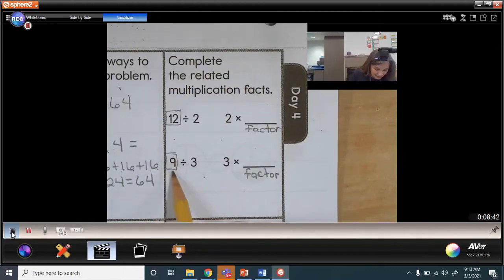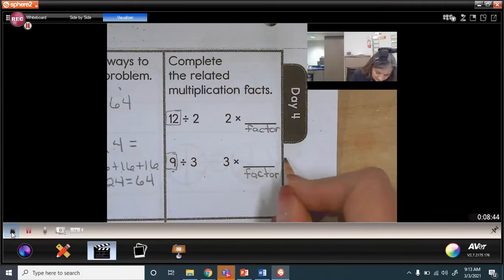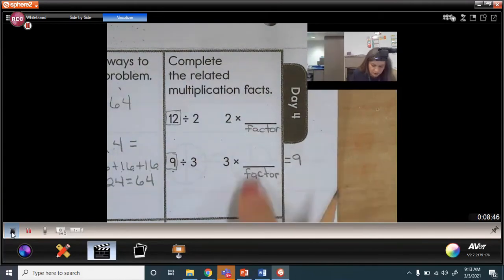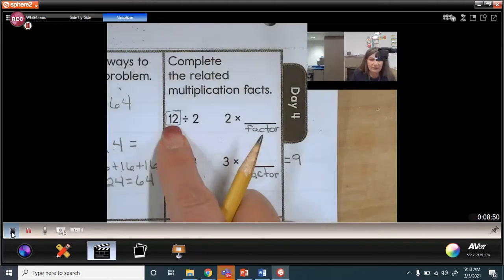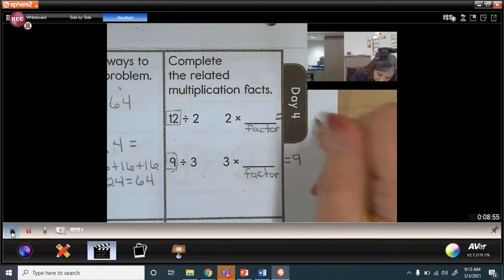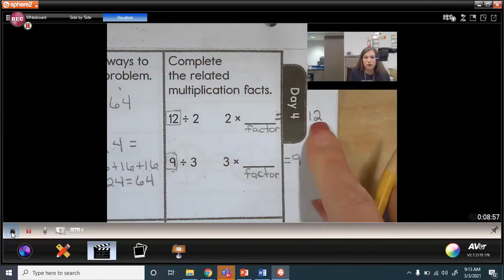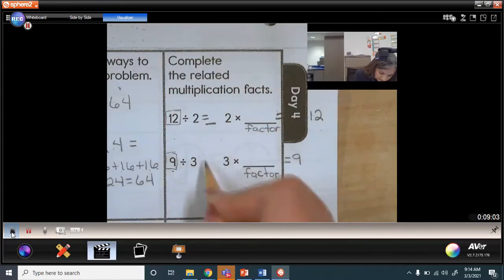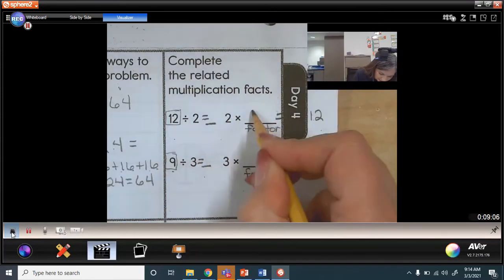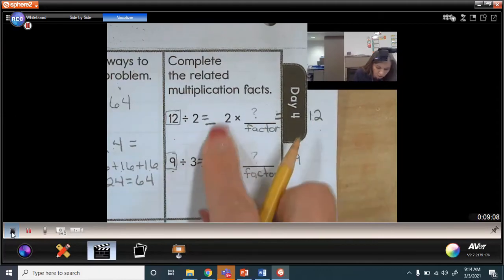So this 9 right here is actually the quotient to this multiplication fact. This 12 in our dividend for our division is actually, if you remember, the quotient to our multiplication fact here. So we're looking for what's missing right here as our quotient.